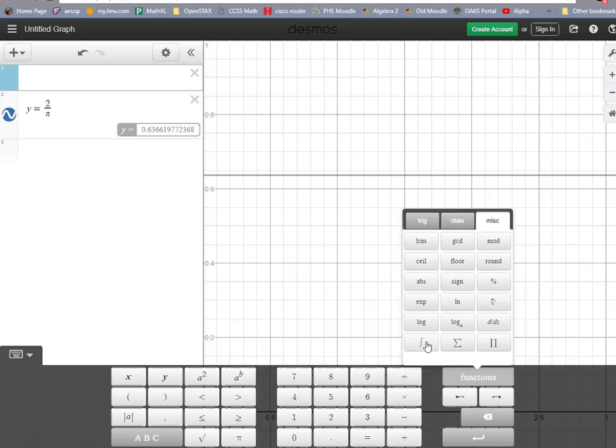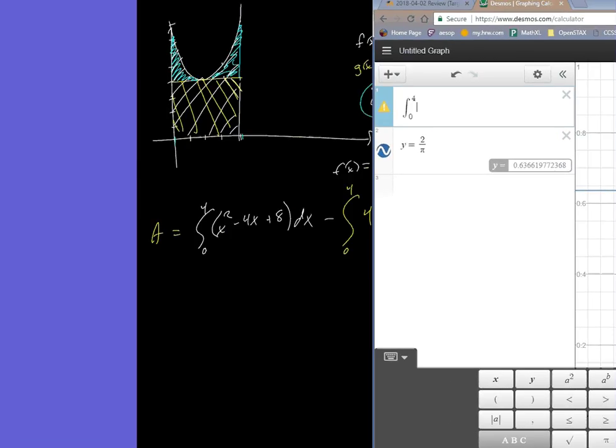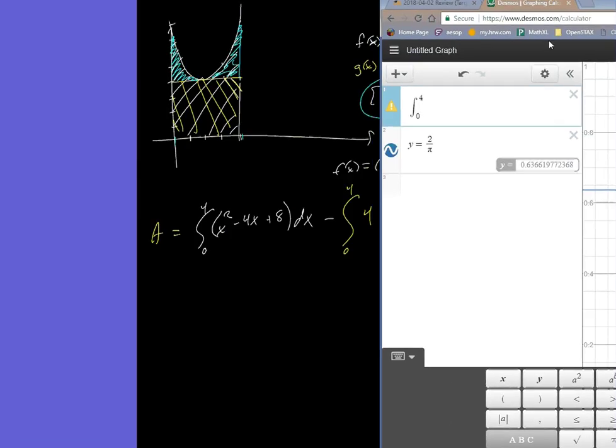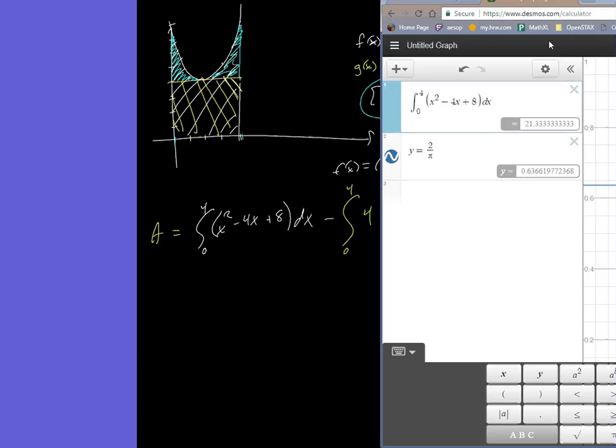Right there. Good. So we do the integral from 0 to 4 of x squared minus 4x plus 8, minus 4x plus 8, dx. Okay, so it gives it to us.